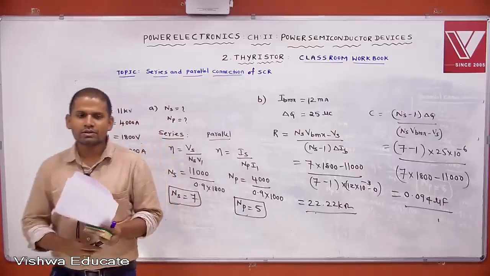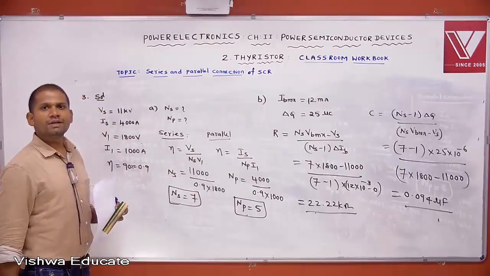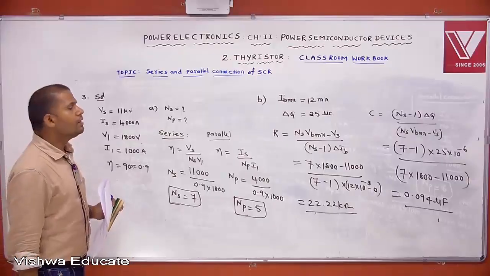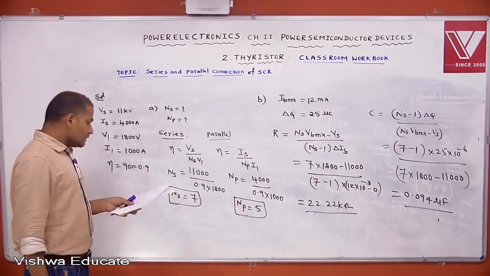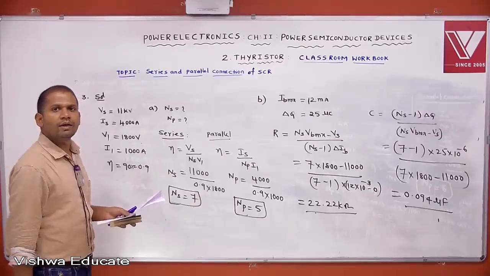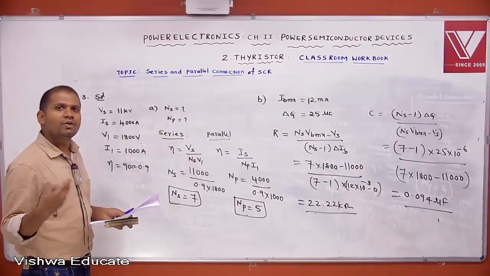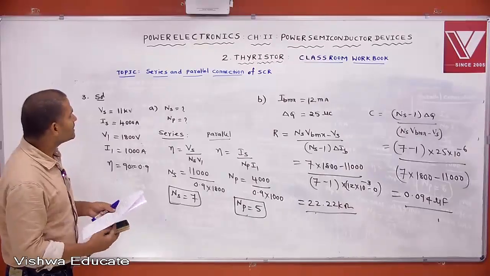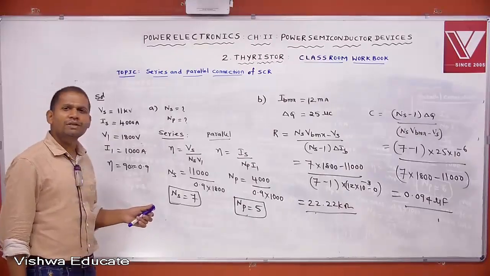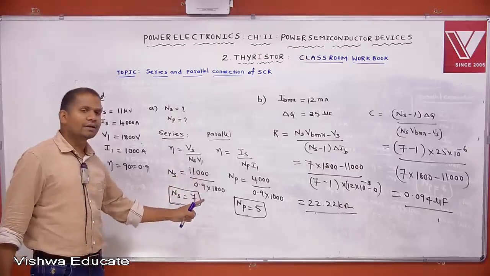In these models we concentrate on series and parallel connection. If any theory questions are framed, based on the theory I have given, we can answer any question. Up to now, in competitive exams they ask only for series connected and parallel connected SCRs.